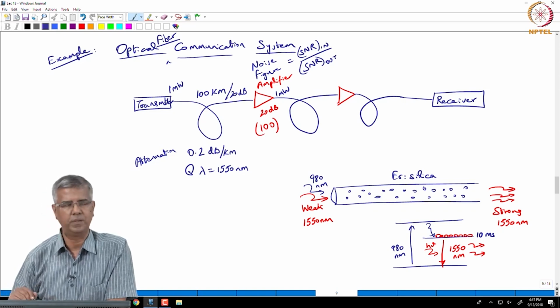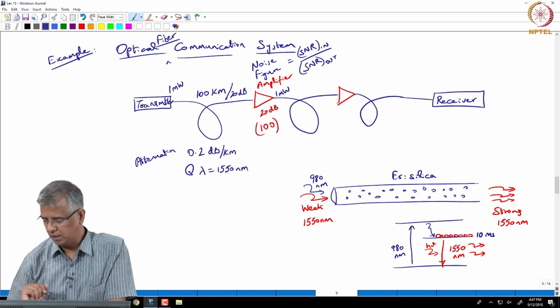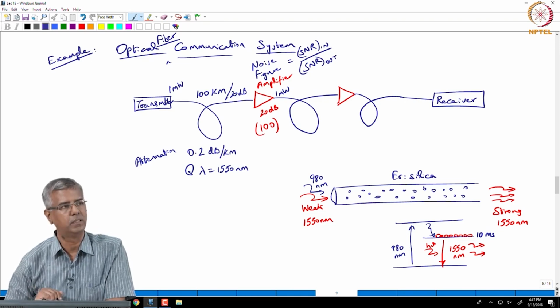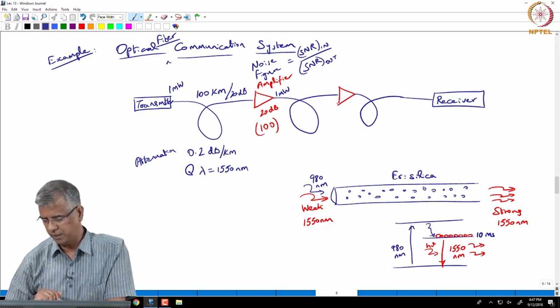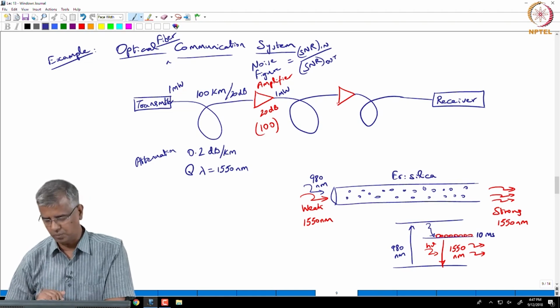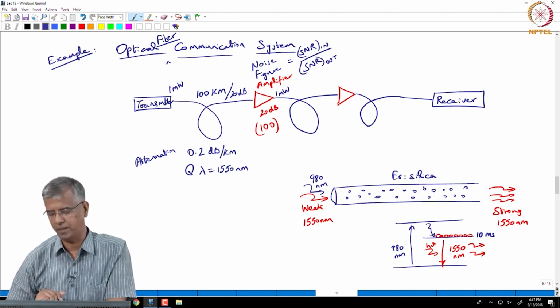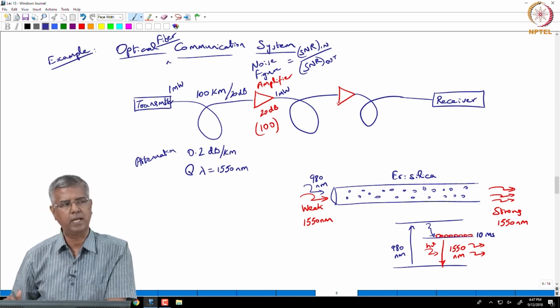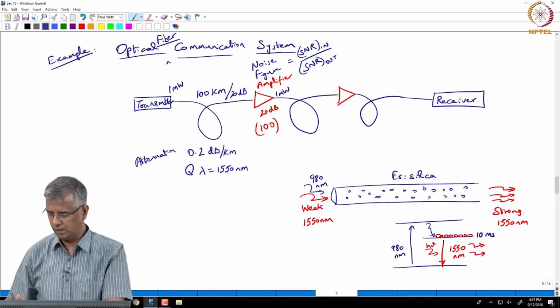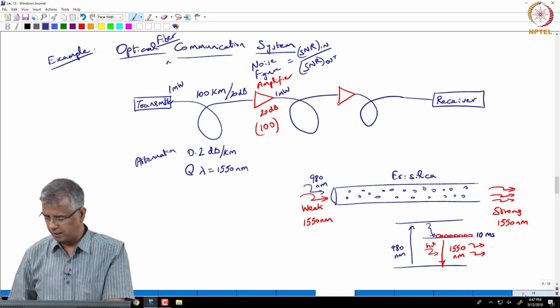Once you have population inversion, you have stimulated emission happening, wherein a weak radiation consisting of a few photons at 1550 nanometer goes through this amplifier and gets amplified into a much larger number of photons.